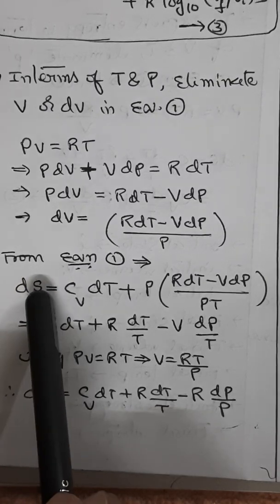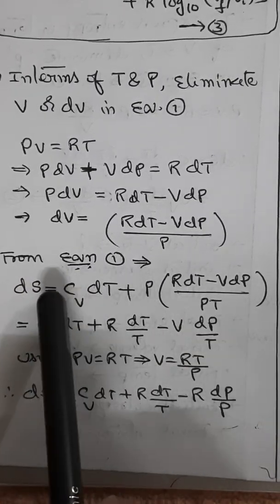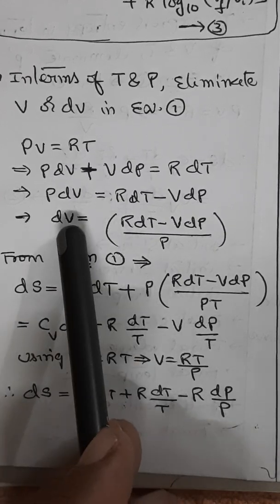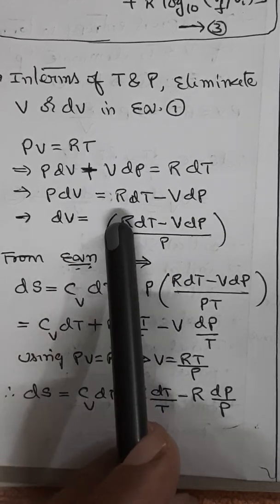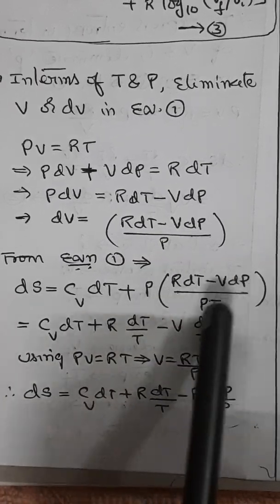Because the first equation says dS equal to (CvdT plus PdV) by T. So CvdT plus, instead of P into dV, you can write this, all divided by T. So this will become (RdT minus VdP) into P by PT.